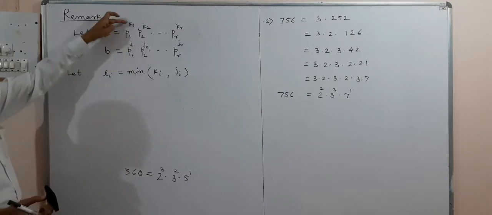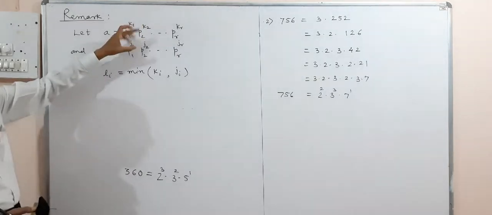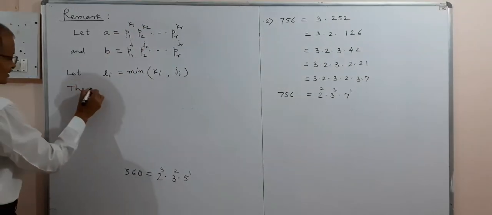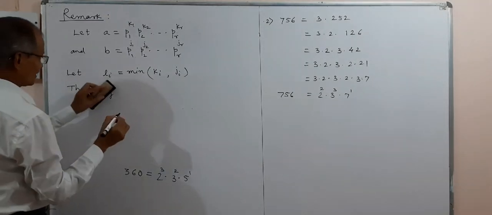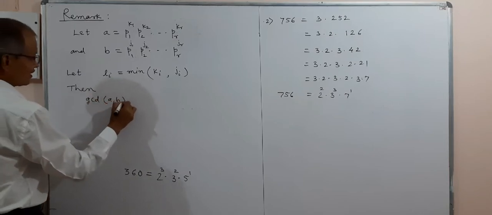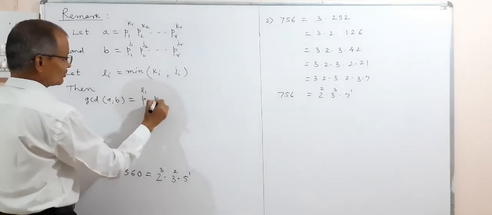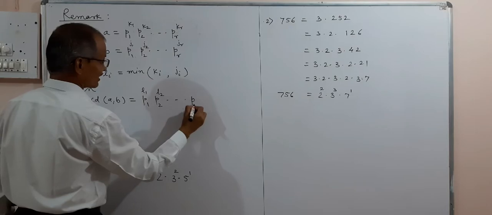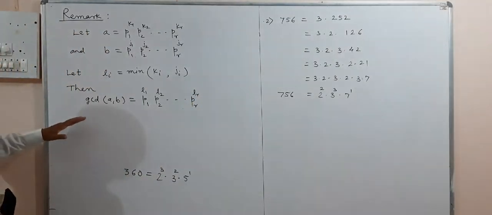L1 will be the minimum of K1 and J1, L2 will be the minimum of K2 and J2, and in this form. Then GCD of A, B is equal to P1 raised to L1, P2 raised to L2, and so on, PR raised to LR. So what is the meaning of this, that we shall see.